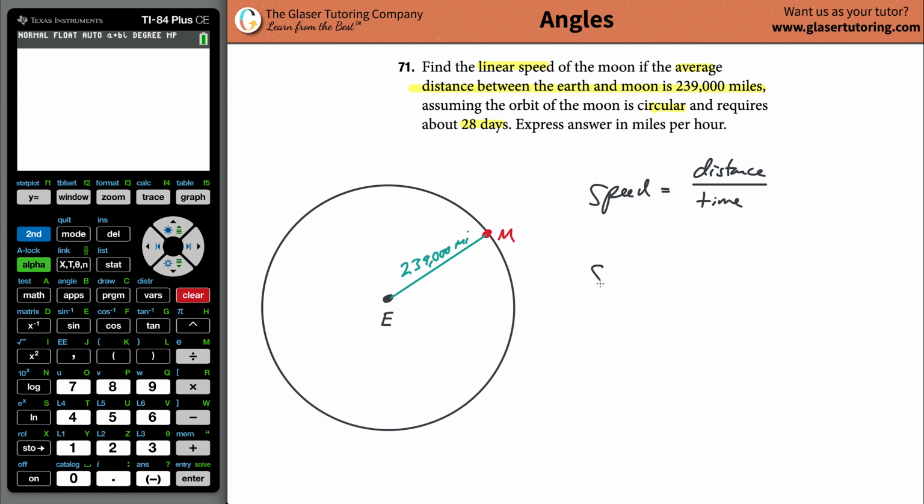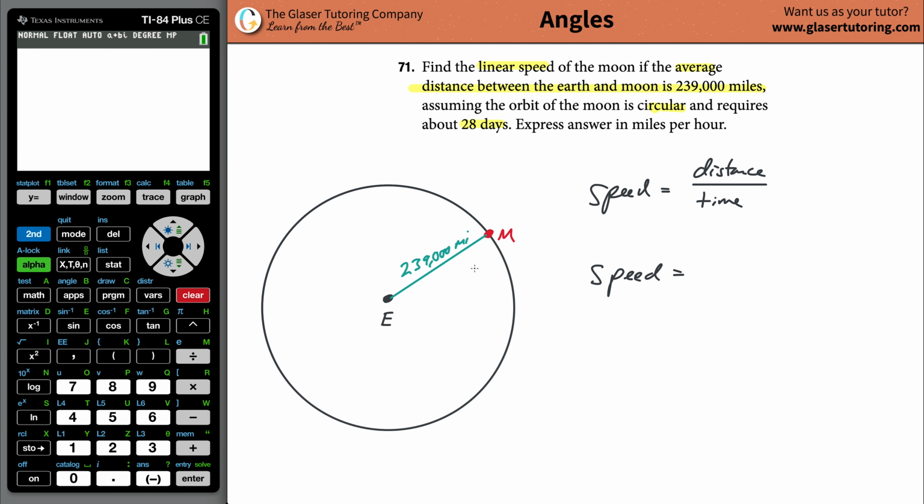Now, in this particular case, if I were to ask you what is the distance? I don't want to know the number, but I want you to think about the concept. As the moon rotates around, what distance is it covering of the circle? Well, it's covering the circumference of the circle.